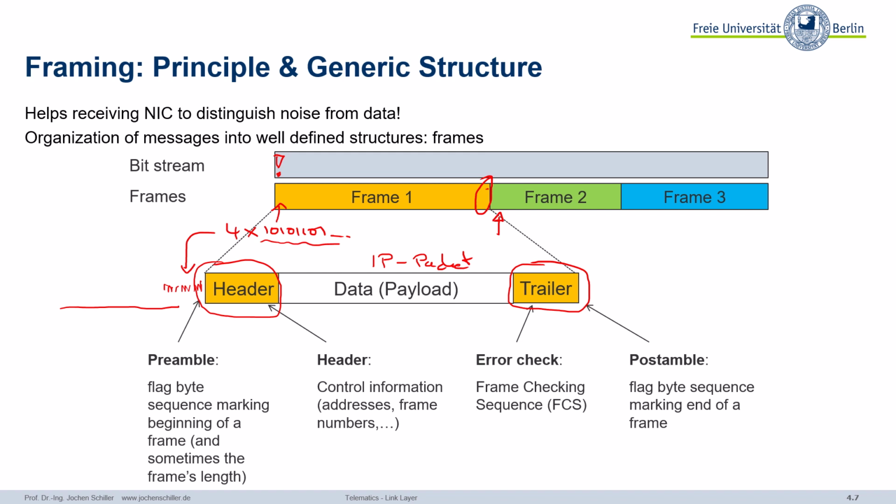And then we have the real payload. And you see already here with this simple example that if we talk about certain data rates, bits per second on the physical layer, we lose some of the data rate when we go up in our layers.